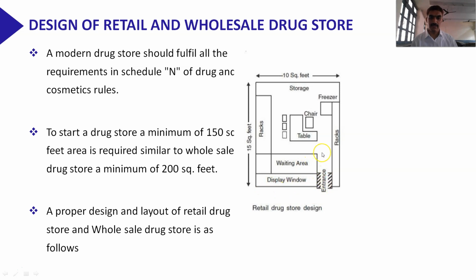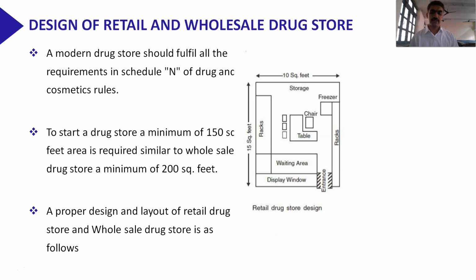This is the entrance where the customers or patients will enter. Racks are at the side, and here there is a freezer to maintain the cold chain. A chair and table are provided. This is the typical diagrammatic representation of the retail drugstore design.